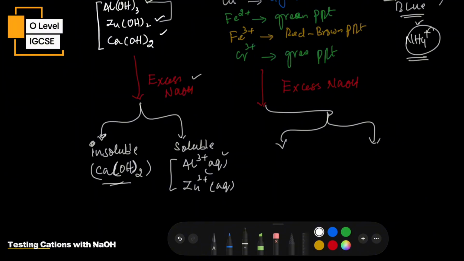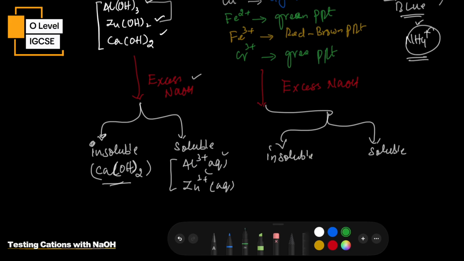In this case, one type of precipitate is going to be soluble. Once again, soluble and insoluble.